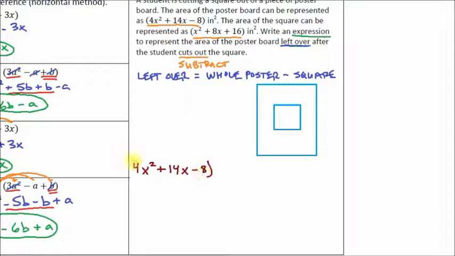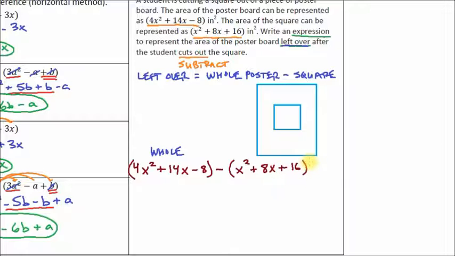That's the whole poster. I'm just writing it right here so you see this. This is the whole. Alright? And we're going to subtract, because this subtract means we're going to cut out the piece. What are we going to cut out? We're going to cut out the square. The square is represented by the expression x squared plus 8x plus 16.